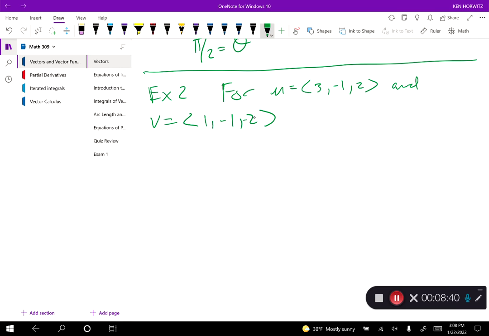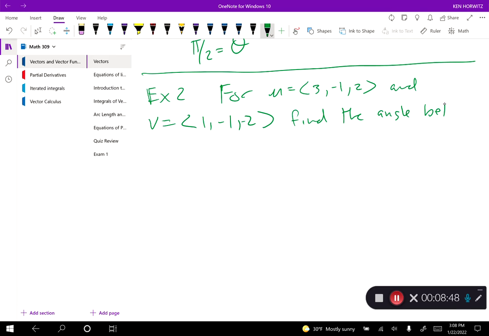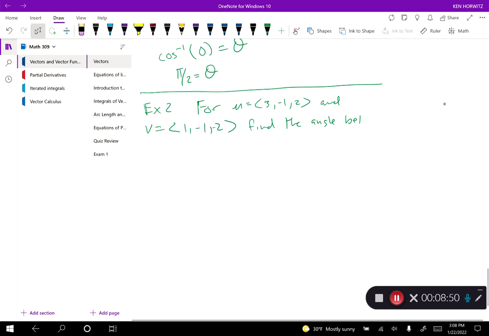We'll find the angle between each pair of vectors.